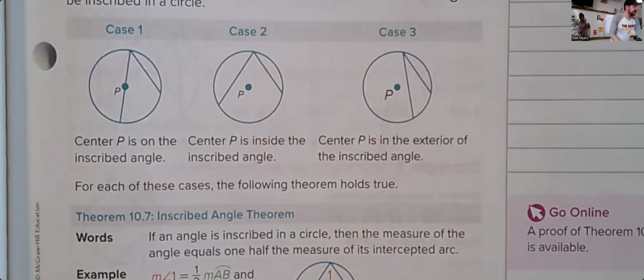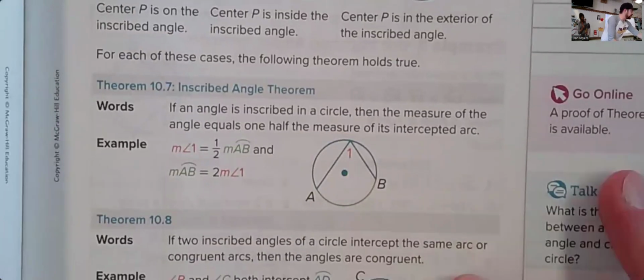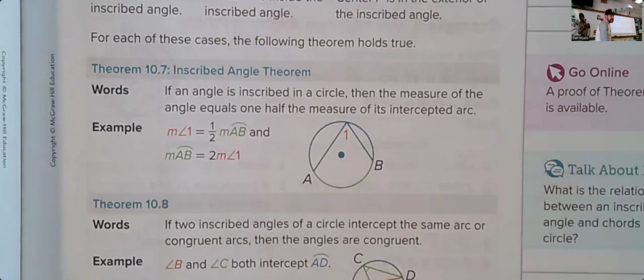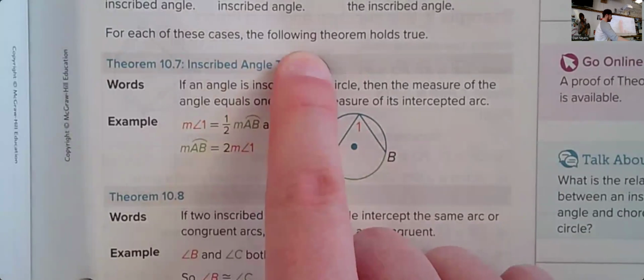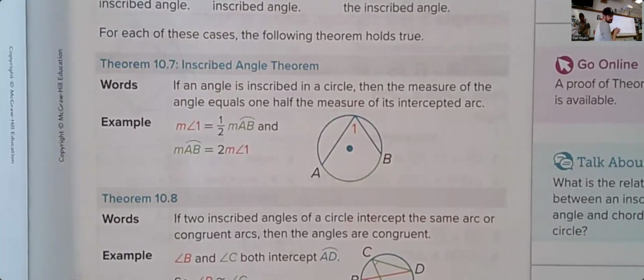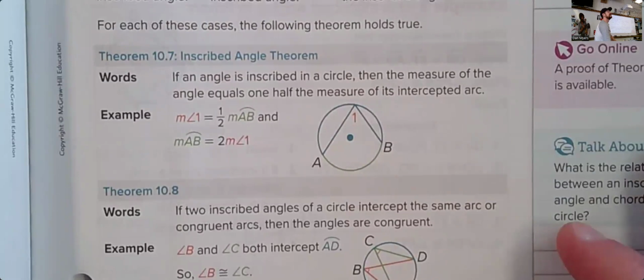All right. There's a quick formula that we have to figure out the measure of an inscribed angle. And I did mention this last week at some point. If you don't remember, that's fine. So first of all, for each of these cases, the following theorem holds true. And this theorem says, it's the inscribed angle theorem, and it says that if an angle is inscribed in a circle, listen up, guys.